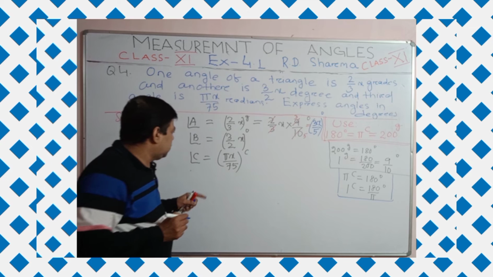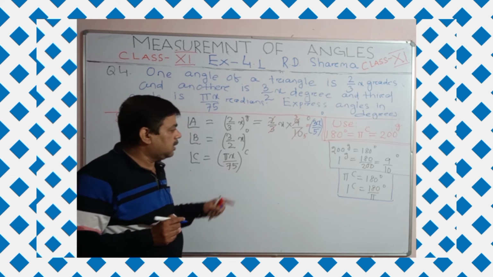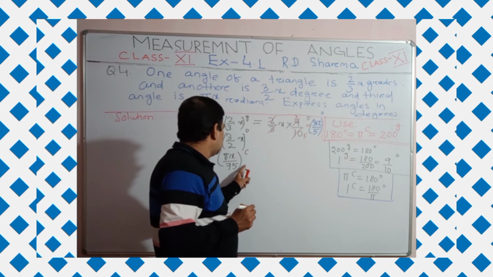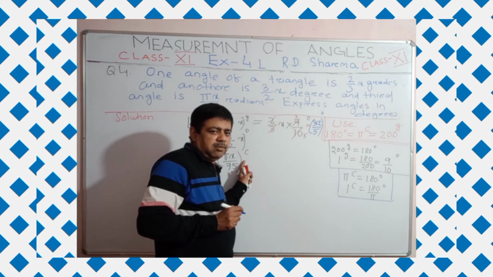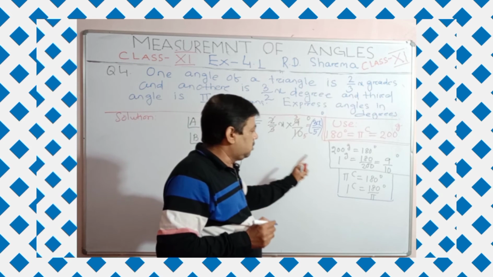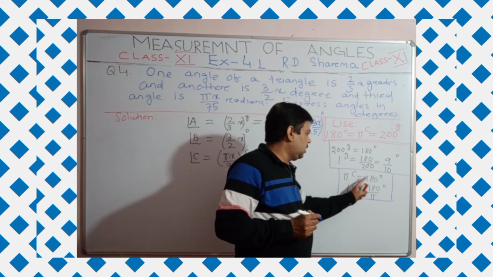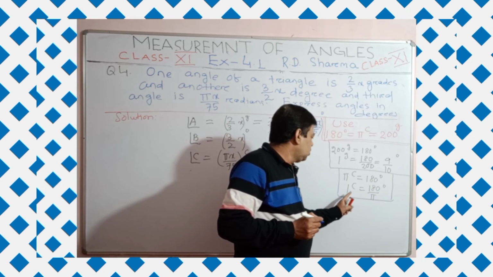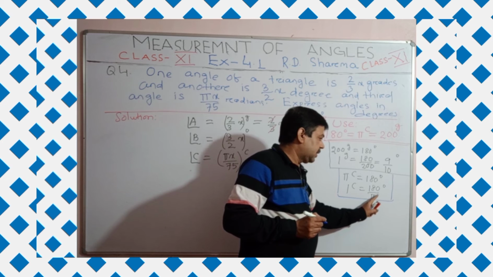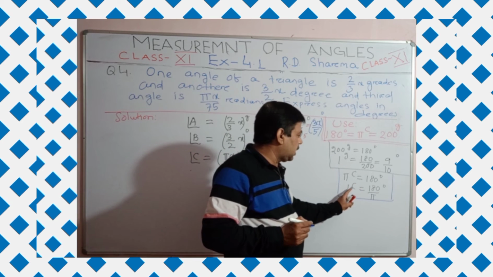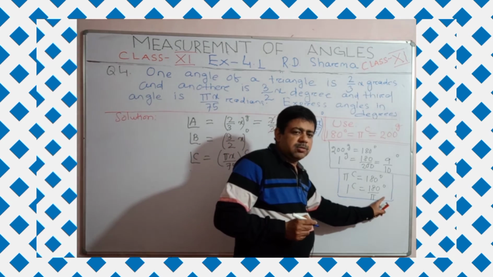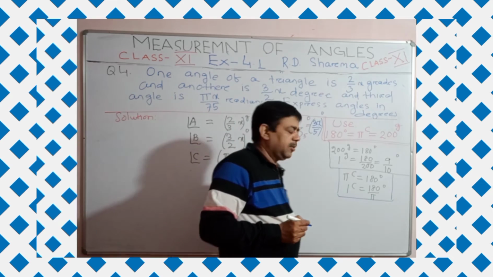Now let's see angle C, which is pi x by 75 radian. This angle is in radian. We have to convert it into degree using the relationship pi radian is equal to 180 degree. So 1 radian is equal to 180 by pi degree. It means whenever you are converting an angle from radian to degree, you have to multiply by 180 by pi.